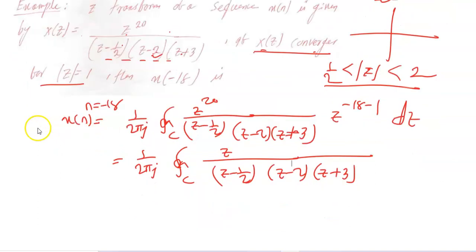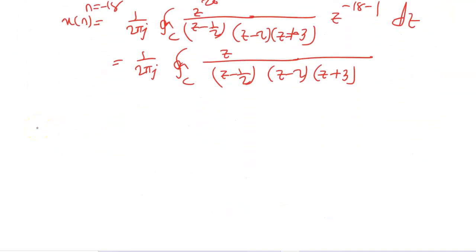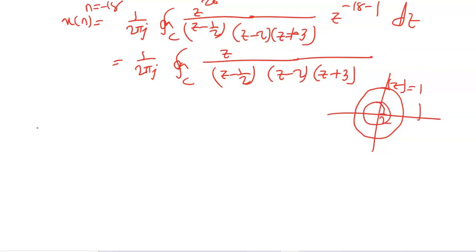When we have the ROC, first draw the ROC here. As it is given that the unit circle is in the ROC, or the Z transform converges at z equal to 1, that means it includes the unit circle. This is your half circle and this is your circle of radius 2, so this is your common ROC.